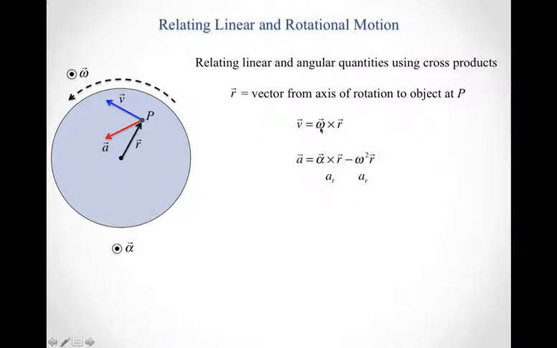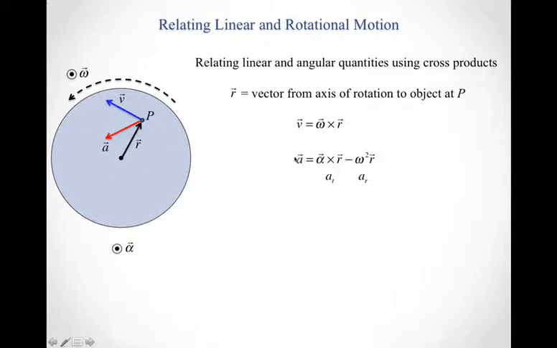And so part of what the rules of cross products will tell you is not only how their magnitudes relate, that was the equation we were looking at before, but also which direction these vectors need to point in relative to each other. So using our right-hand rule, you can see that omega pointing out, r pointing up and slightly to the right is going to give you a velocity vector that points in the direction it's drawn on the page.